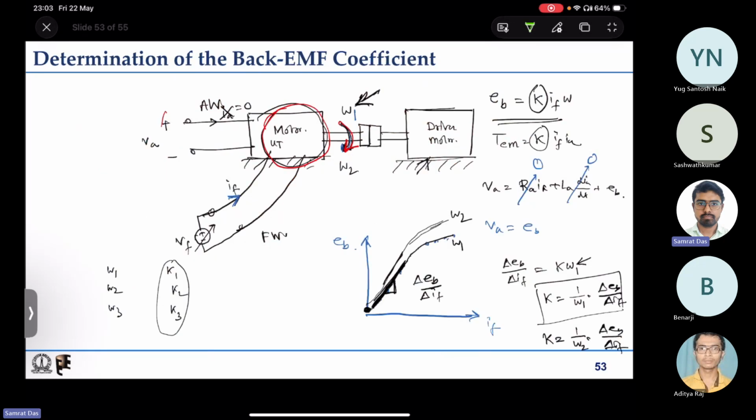Next we looked at how to get the back EMF coefficient: the no load test, or the OCC, open circuit test, open circuiting the armature winding, giving some field winding current, running the motor at a constant speed, and measuring the induced EMF. Doing it for multiple speeds, we can get K, the back EMF coefficient.